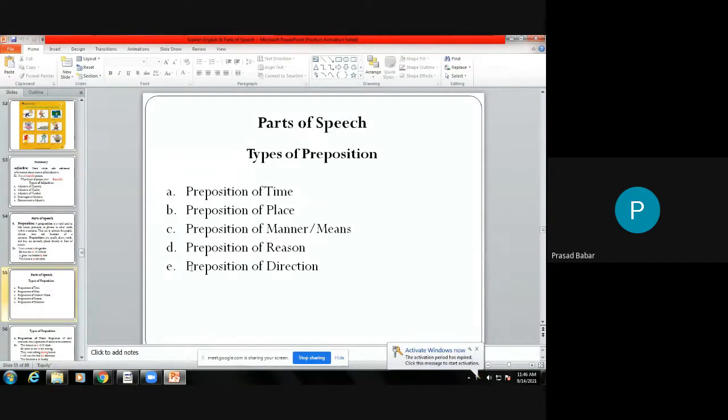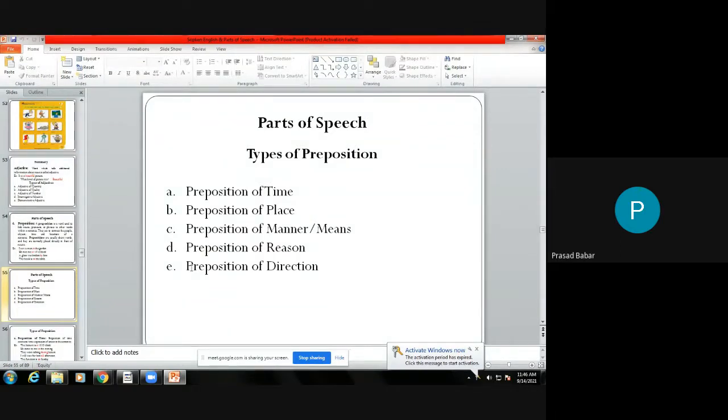The fourth type is preposition of reason. What is the reason behind it? Why has it happened? We have to show it by the preposition of reason.